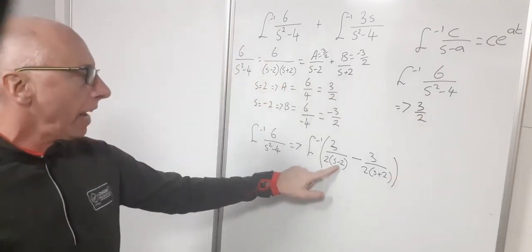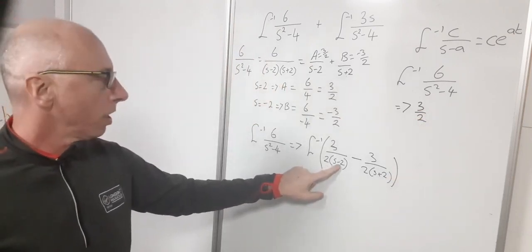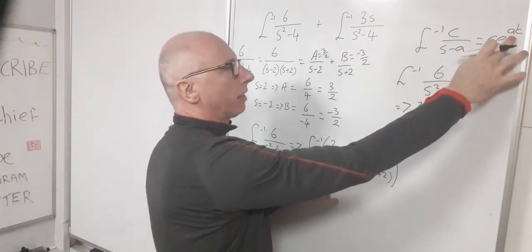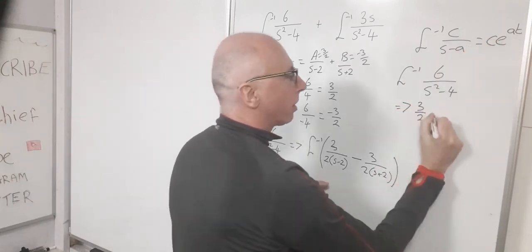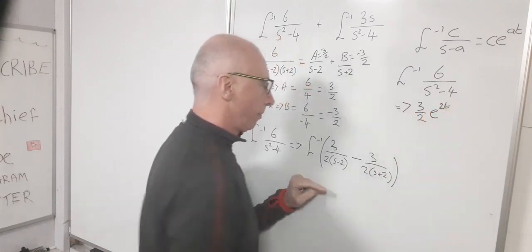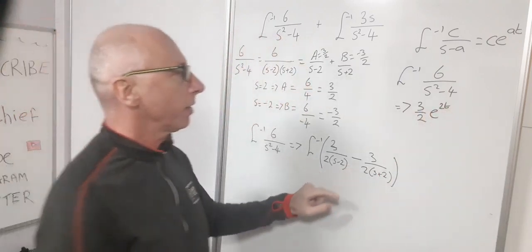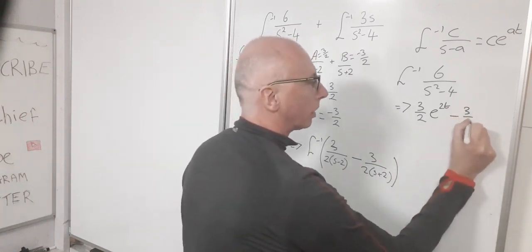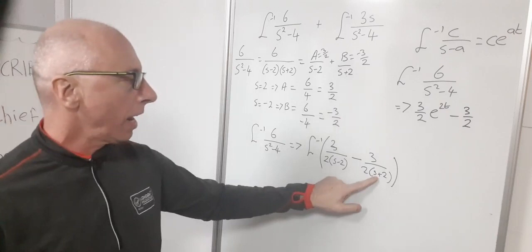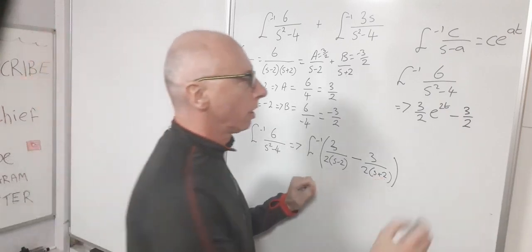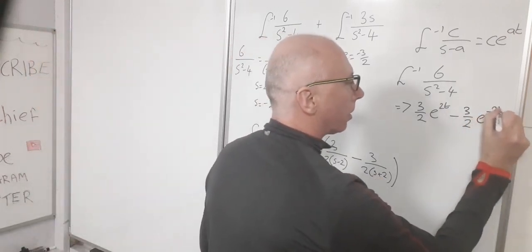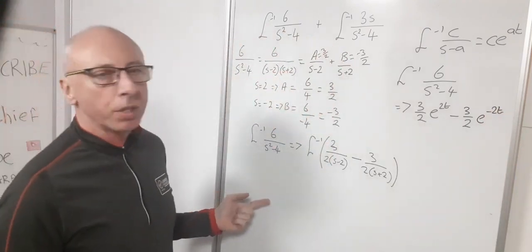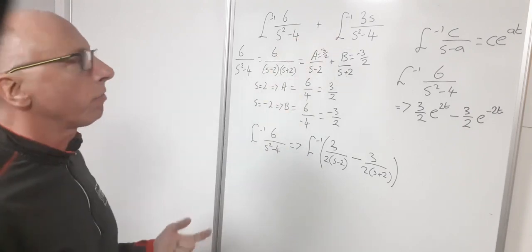And then I've got s minus 2. So that would then give me, in this format, e to the 2t. And then I'm going to have to subtract from that 3 over 2, and this time I will have e to the minus 2t. So that would take care of my first one. So let's take this off the board and we'll have a look at the second one and see what result we get for that one.